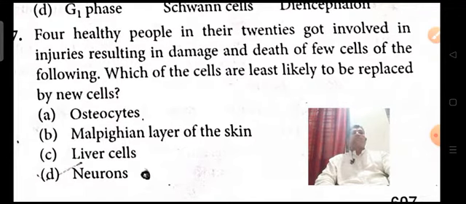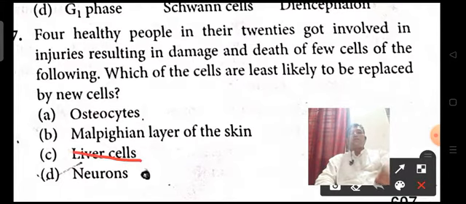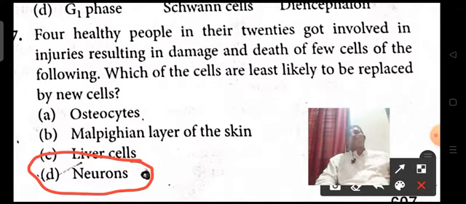Liver cells have the most regenerative capacity, but neuron cells, as in the case of polio patients, we have discussed that motor neurons are affected and they cannot be regenerated once again. Whenever neurons are destroyed, they lose the capacity to regenerate.